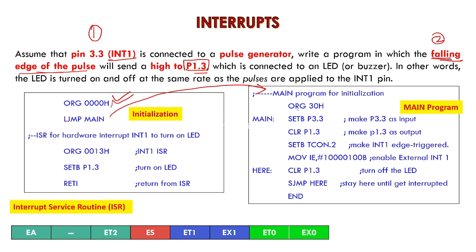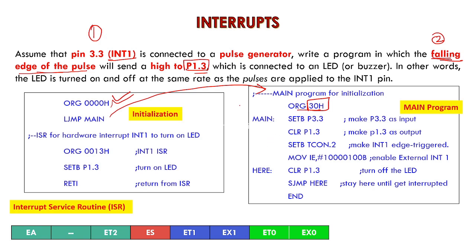See, in the main program I have started at 30H. Why have I not started at 00? I started at 00, then skipped to 30. The reason is that 8051 reserves specific memory addresses for the interrupt vectors.